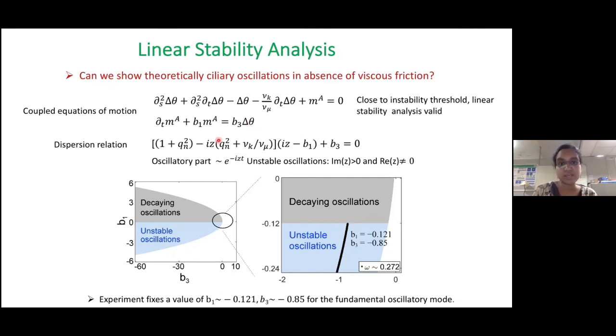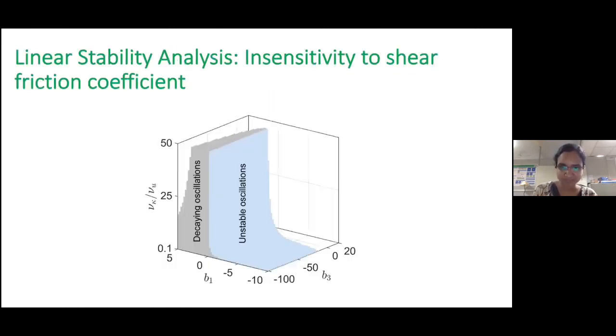In other words, if this constitutive equation were to model ciliary beating as observed in our experiments, then the values of B1 and B3 one should be using are these. We have also scanned the phase space of the drag coefficients of curvature friction and shear friction, and found that for varying values of these two, you can get a decaying to unstable oscillation transition.